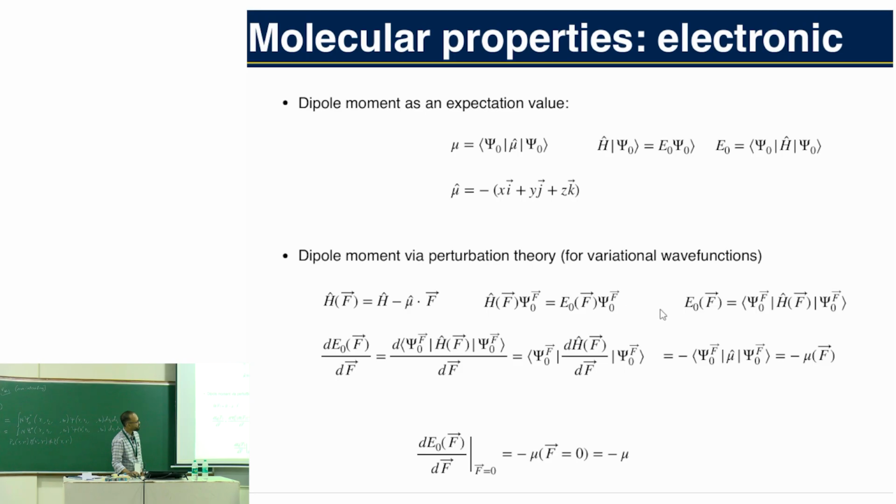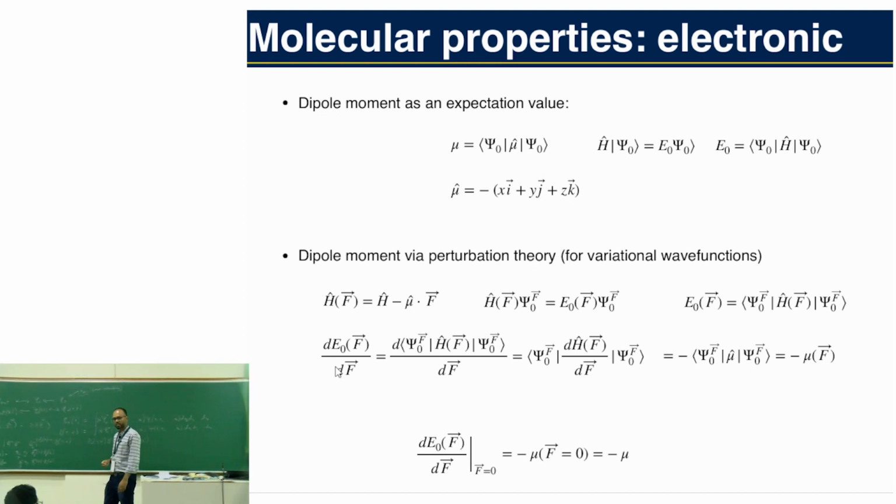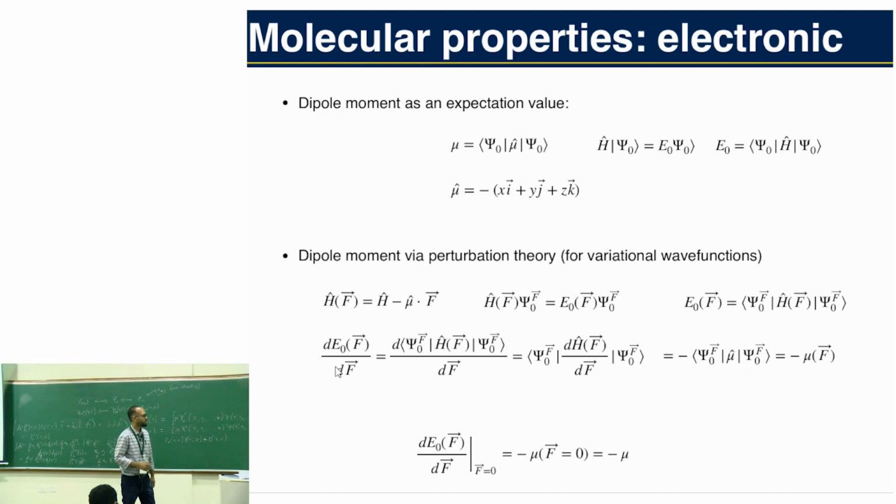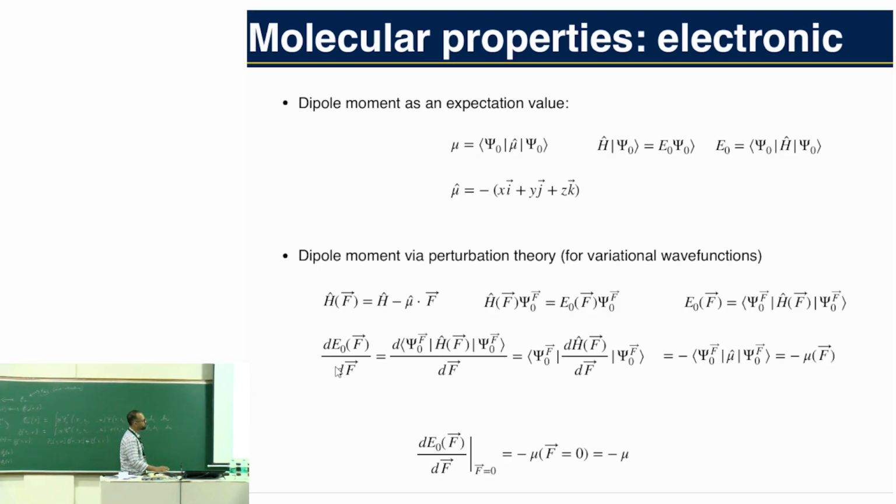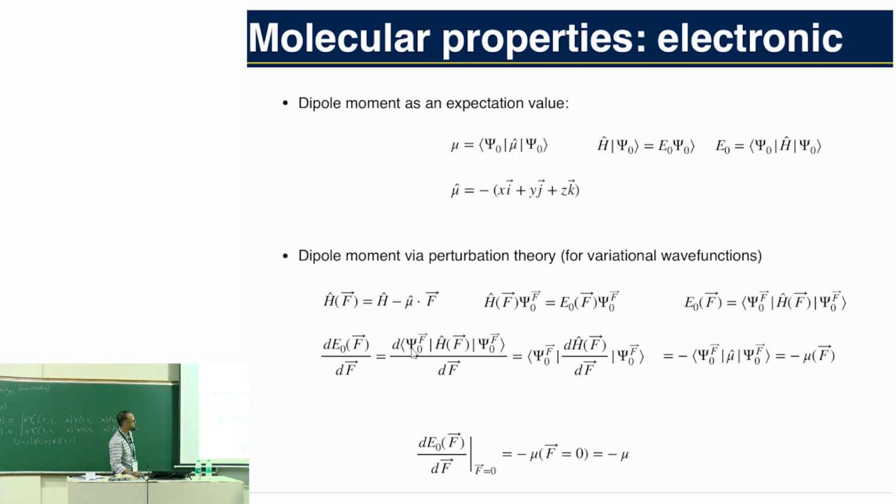So in this scenario, the energy expectation value is also going to be field dependent. Now if I take the derivative of the energy with respect to the field, you will see that by using the Hellmann-Feynman theorem, where this wave function is a variationally obtained ground state wave function, you can get the dipole moment back.